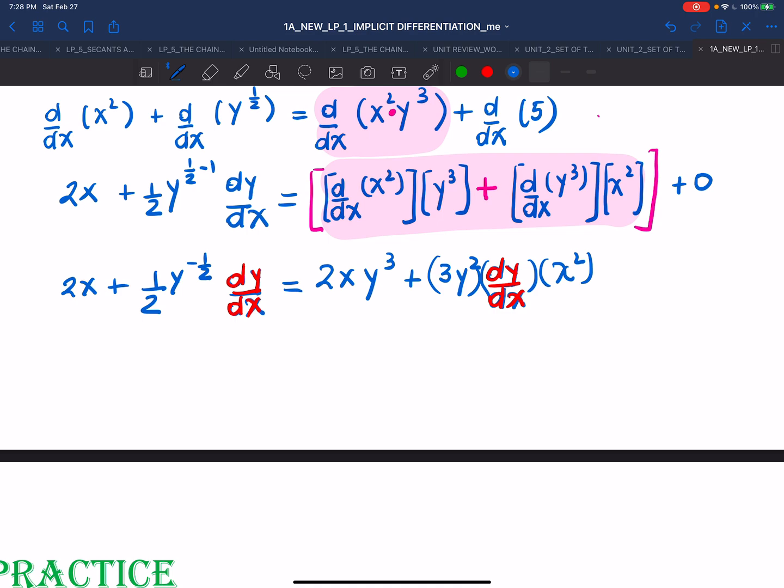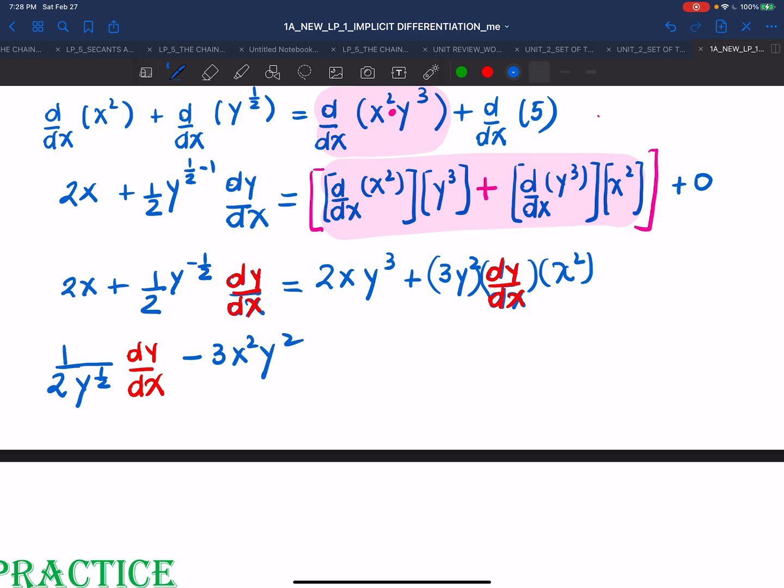we'll group them to one side of the equation. So we have 1 over 2, and I'll write y to the power of 1 over 2 with positive exponents here, dy dx. We'll allow this term to join the left side, so that would be 3y squared x squared, or even better, 3x squared y squared.